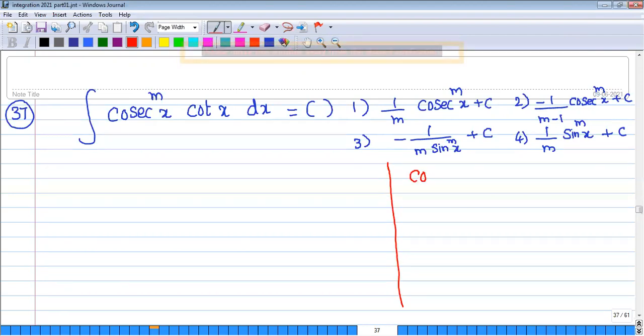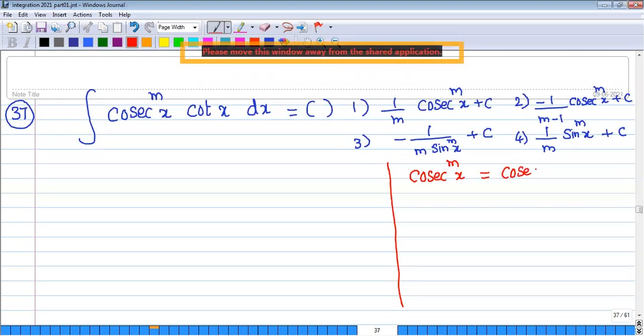This cosecant x whole to the power of m can be written as cosecant x whole to the power of m minus 1 multiplied with cosecant x. Using laws of indices, this is nothing but cosecant x whole to the power of m only.